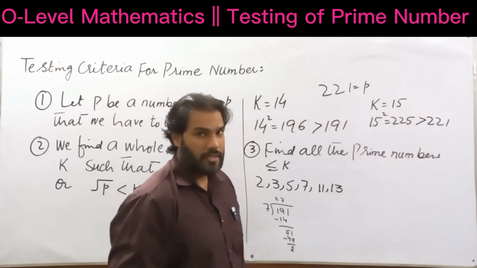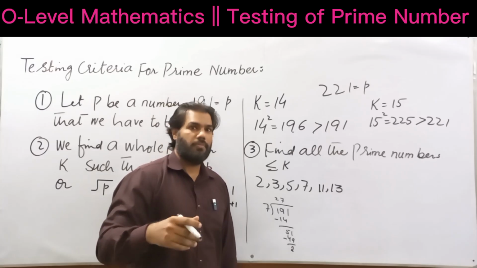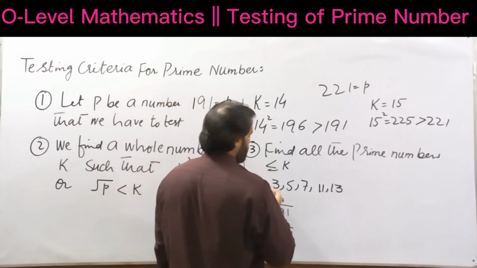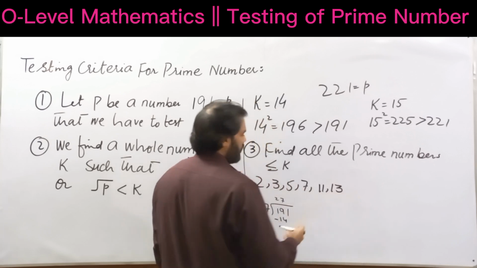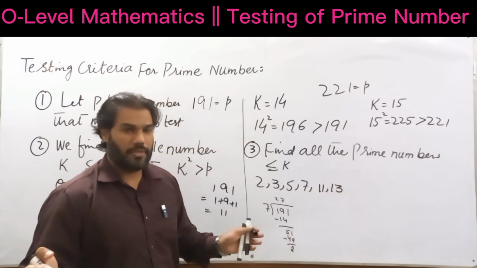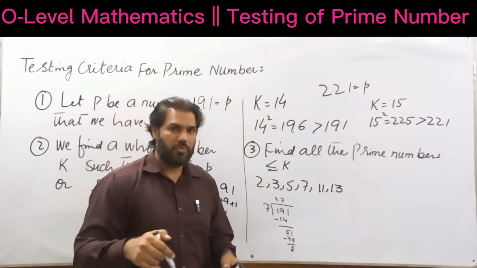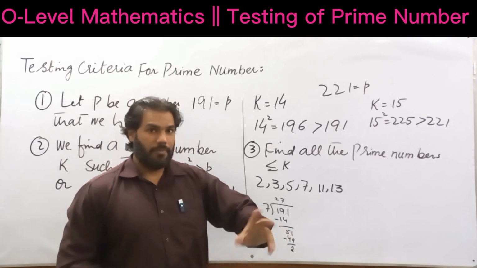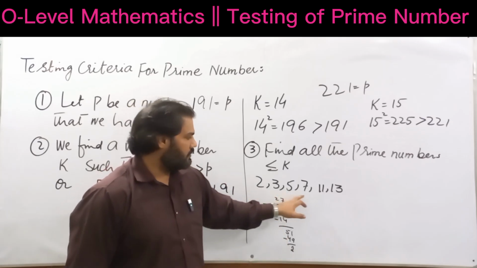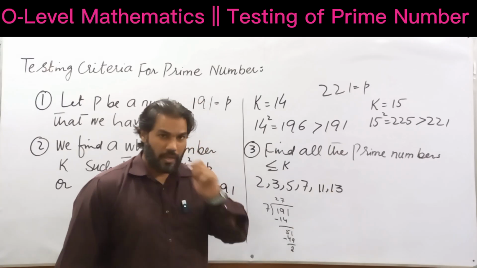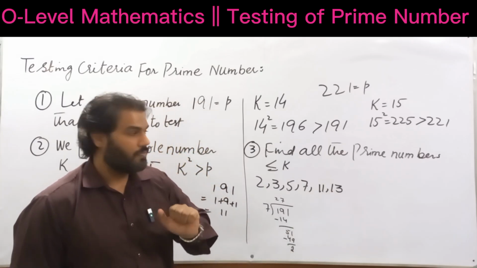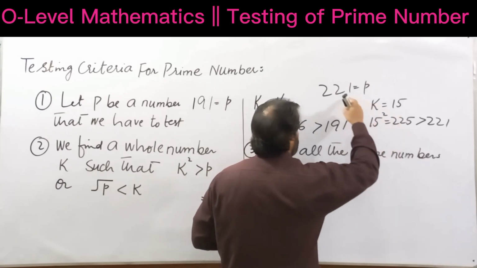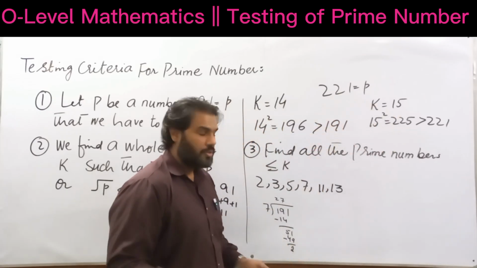Now again I have to find all the prime numbers up to 15. So in this case again the numbers will be the same. All prime numbers up to 15 are 2, 3, 5, 7, 11, 13. Now we have to check whether any of these prime numbers divides 221 exactly or not.